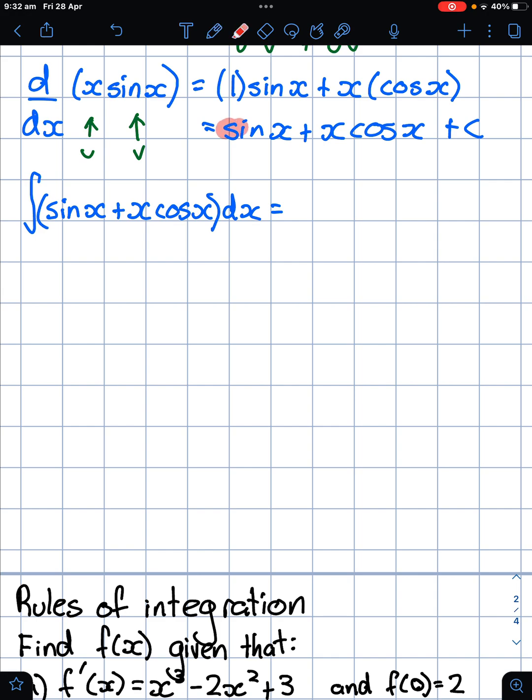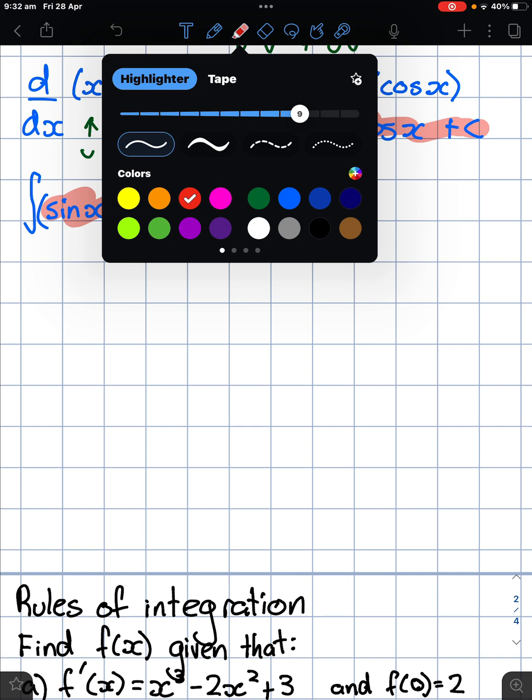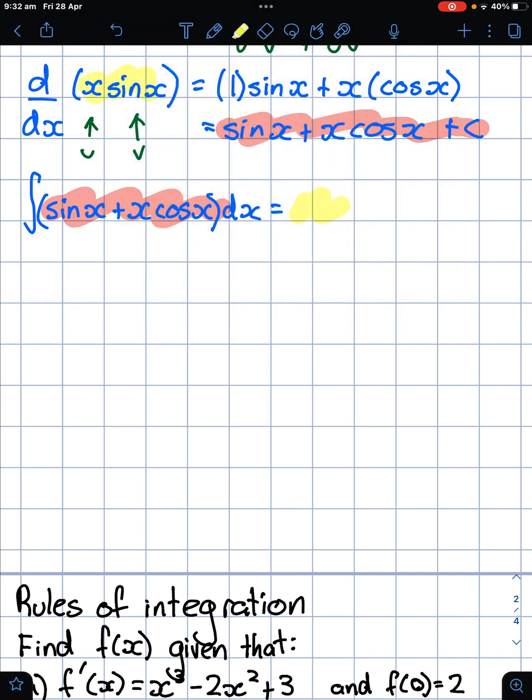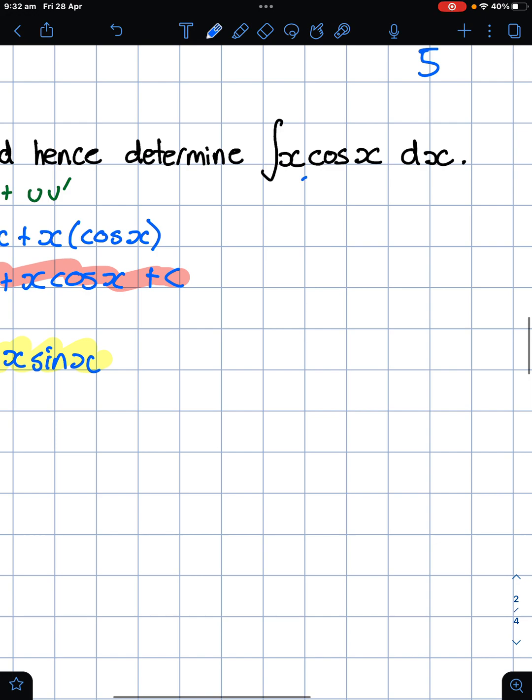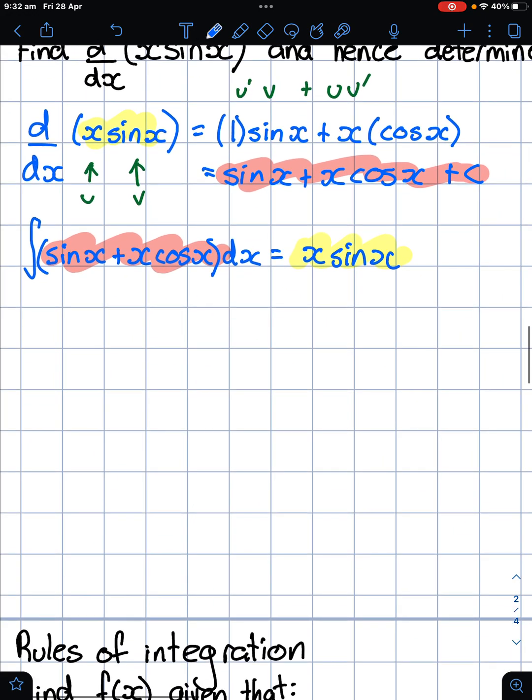So this side of it is this side, and then x sine x is going to give me what this integral equals, so x sine x. Now, this is close, but we'll notice here that we're trying to find part of the integral. We're only needing this bit here.